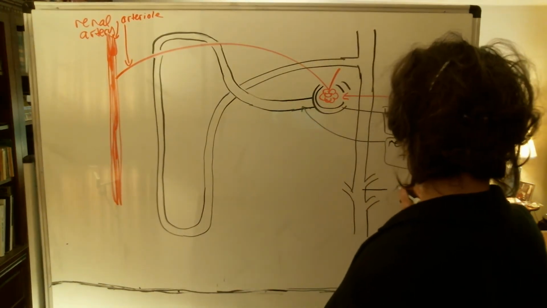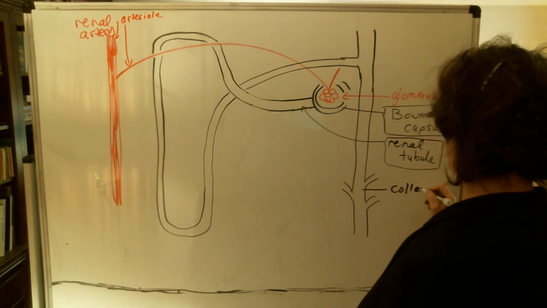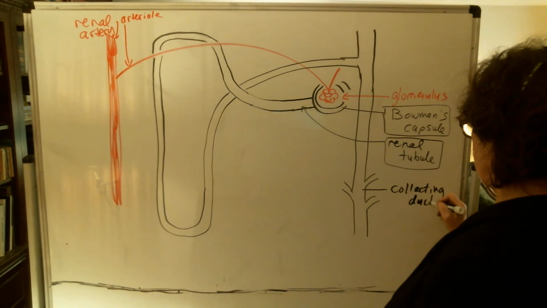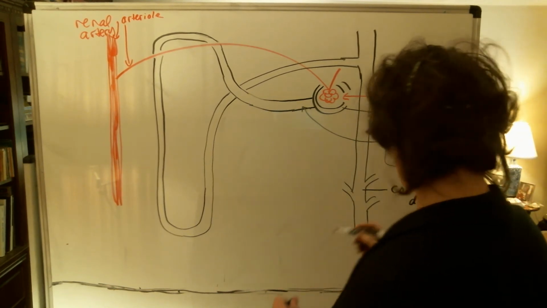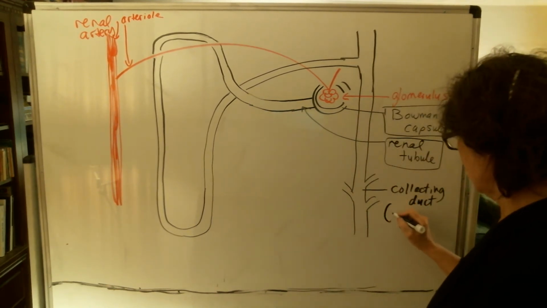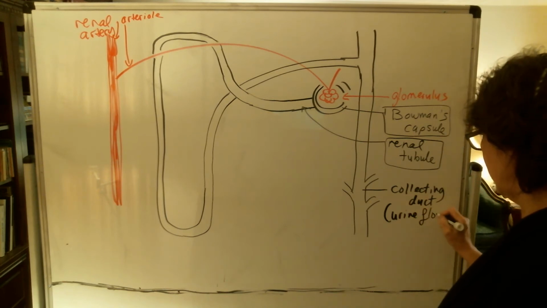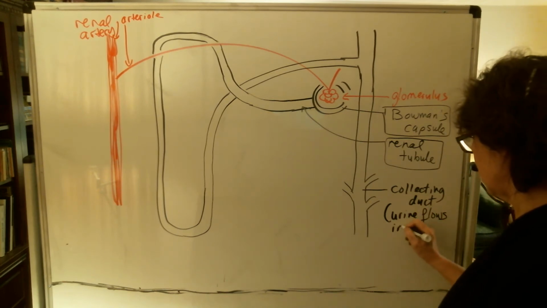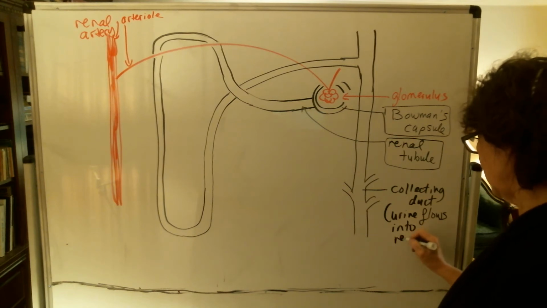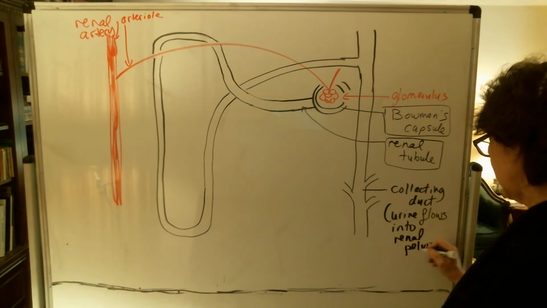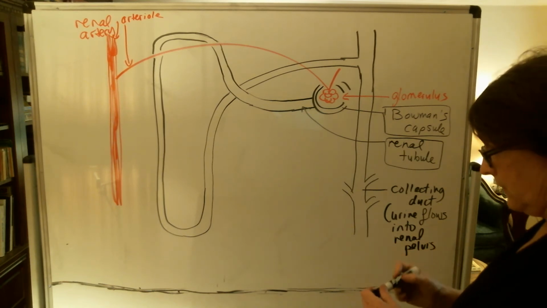So here now we have a collecting duct. Urine there. From it flows into the renal pelvis. You are aware of all this.